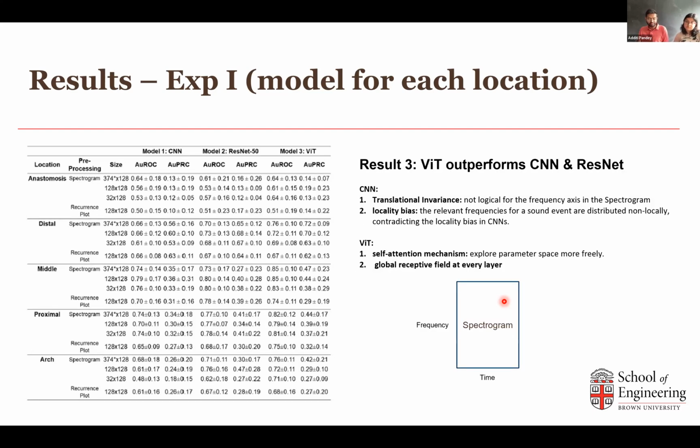The next interesting result which the authors mention is that the vision transformer outperforms CNN and ResNet for experiment one. And here the idea is that the spectrogram has time and frequency on the x-axis and y-axis, right? Now, CNNs are inherently translation invariant. So it's not logical to use CNN for this case, because you have invariance with respect to the frequency axis, which is not good.